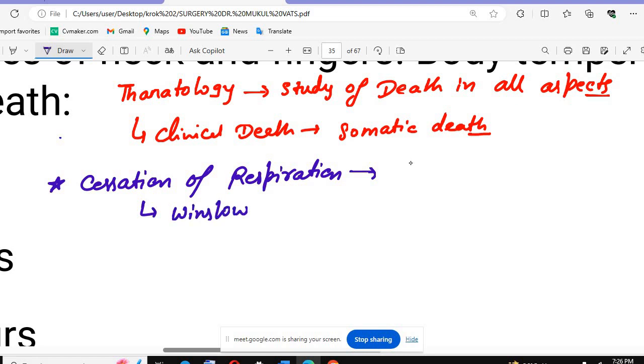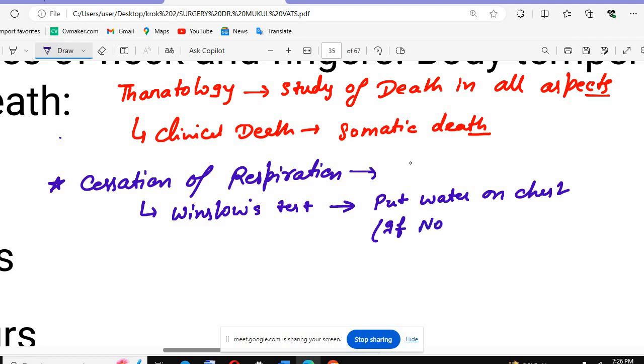We put water on the chest. If we see movement of the water, that means respiration is present. If no movement is seen, the person is dead. We call this the Winslow test.